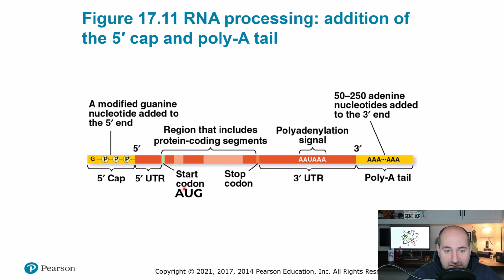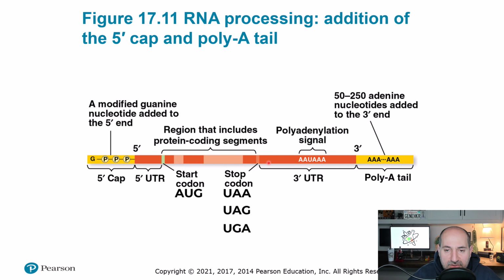Then, between the start codon and the stop codon, the message is translated into protein. At the stop codon, remember the 3 stop codons, UAA, UAG, UGA. These are the stop codons, and those tell the ribosome to stop translating.